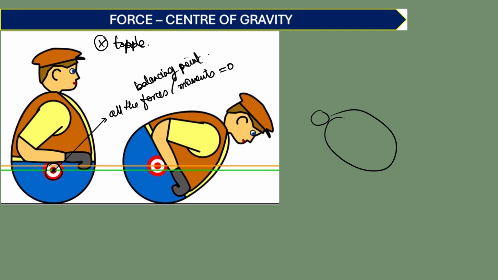So now when this body is moving ahead, still the center of gravity is over here. When the body is moving back, still the center of gravity is retained over here. If the center of gravity would have shifted over here, then the body would have become unbalanced. But if the center of gravity is not moving anywhere, that means the body is balanced at this point. And the center of gravity of a body does not really change.